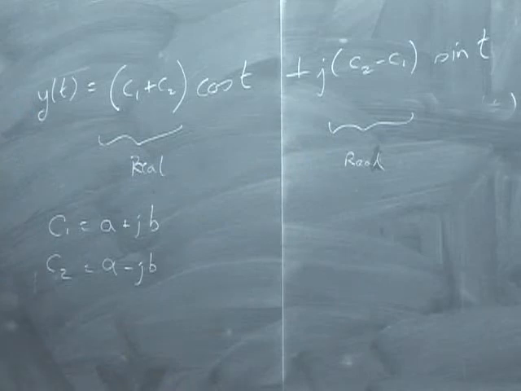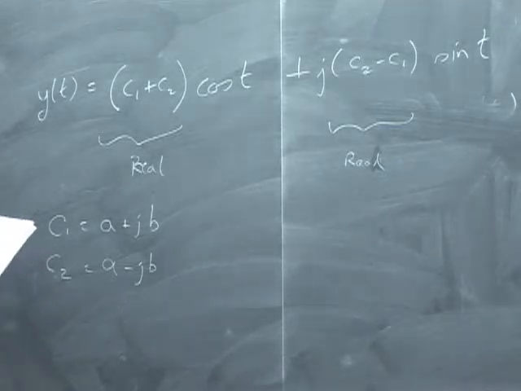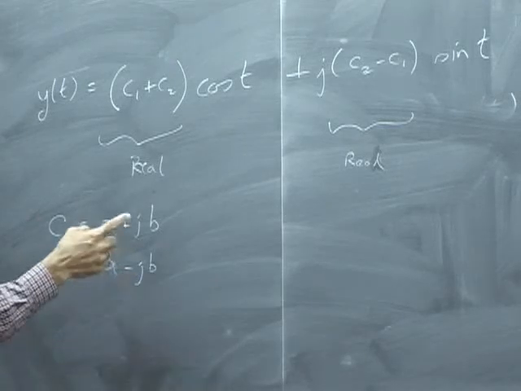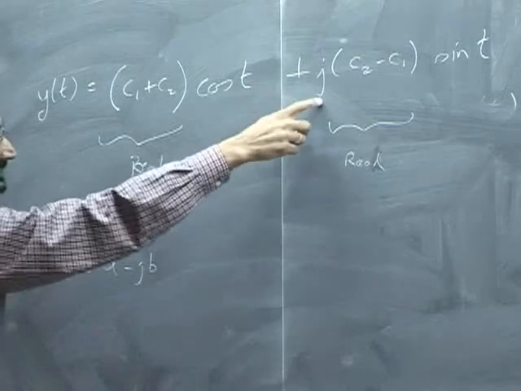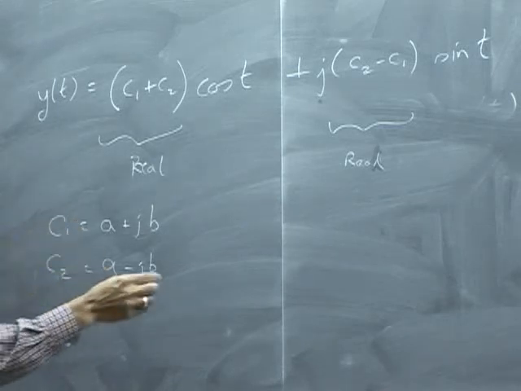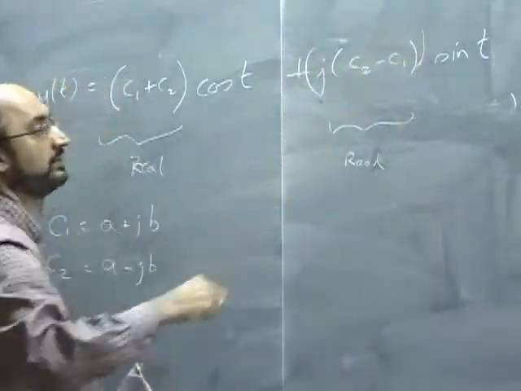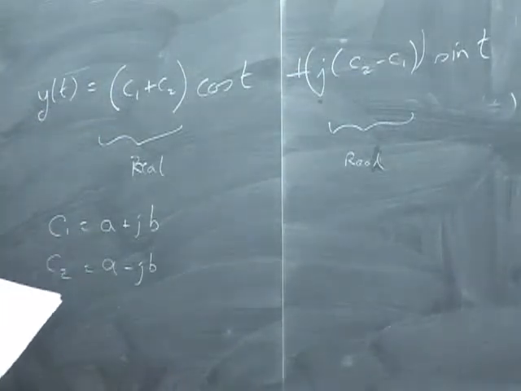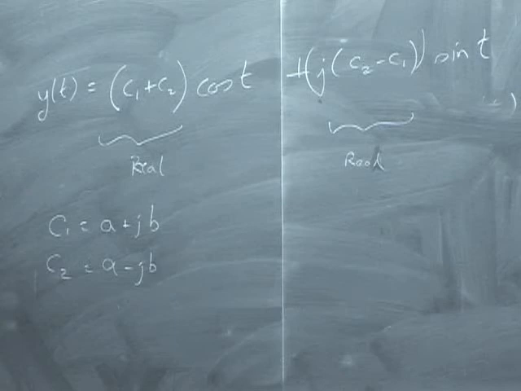So, am I doing this properly? c2 minus c1 is going to be minus 2jb, and then you multiply by the j over there and you get plus 2b. So j times c2 minus c1 is going to be real, right? This whole thing over here is going to be real only when c2 minus c1 has no real component. It's going to be pure imaginary, right?